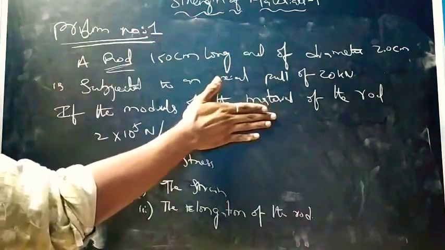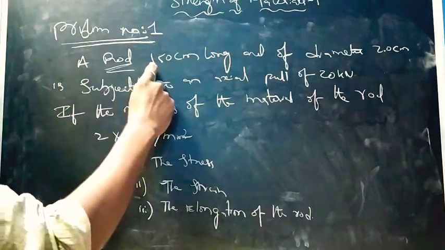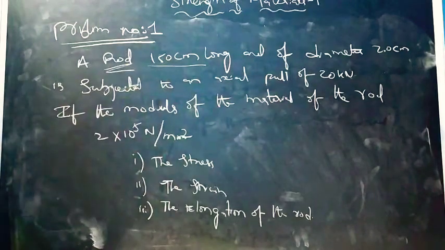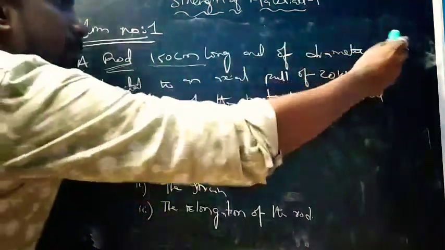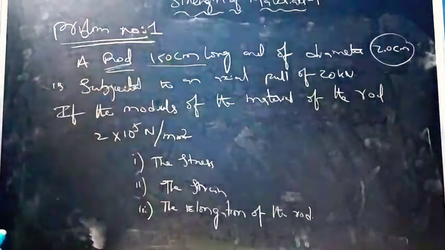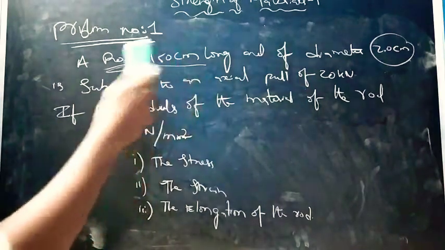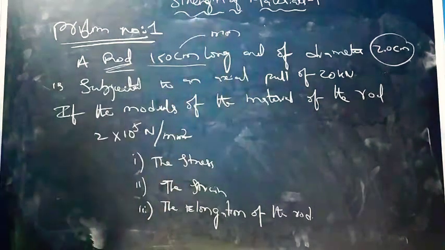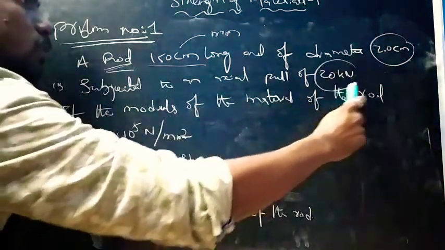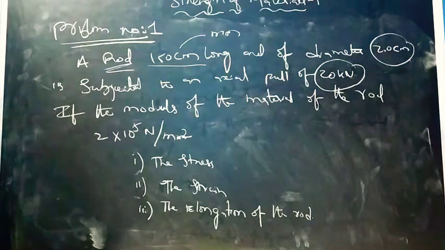So we'll try to write the given data and then we'll do it. The given data is nothing but the rod dimensions: 150 long, that is the length, and the diameter will be 2 centimeters. Whatever is given, try to convert into mm, right? That is the first basic thing. Then whatever load is given, we'll convert into newtons, right?